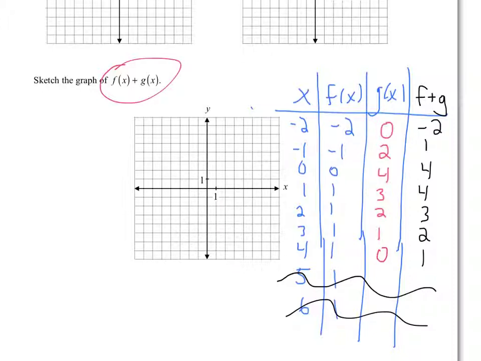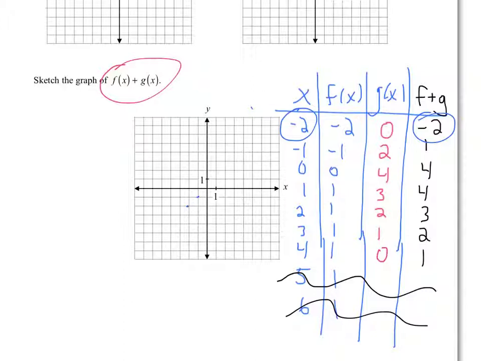So now we need to just plot all these points on our graph, right? So of course, when we do this, we're matching up the x values with the y values all the way down. So -2, -2 is right here. -1, -1 is right here.